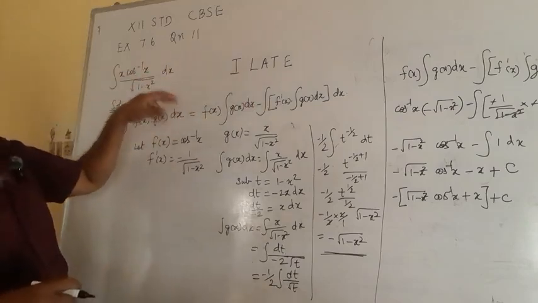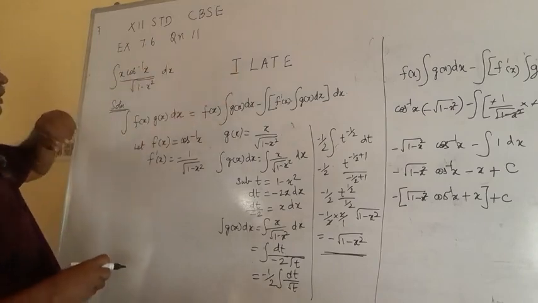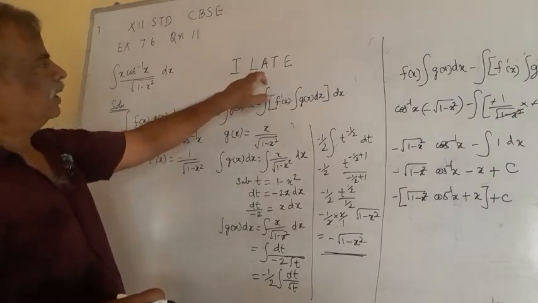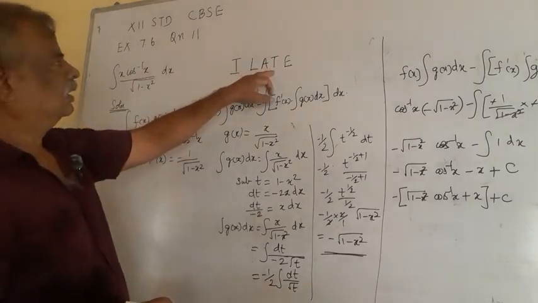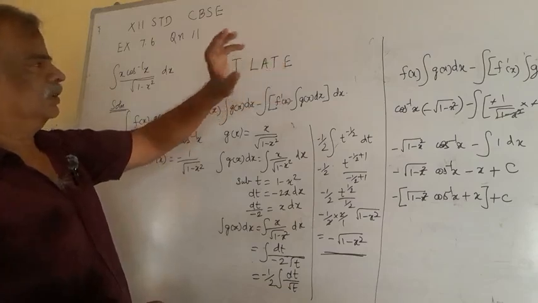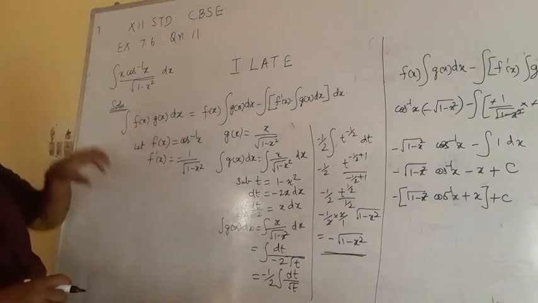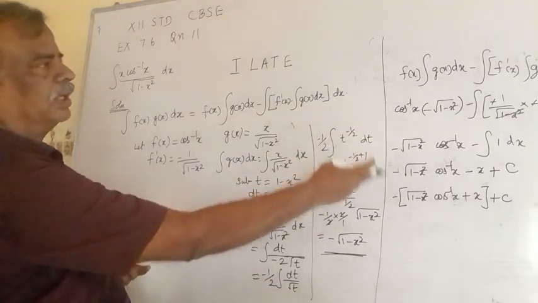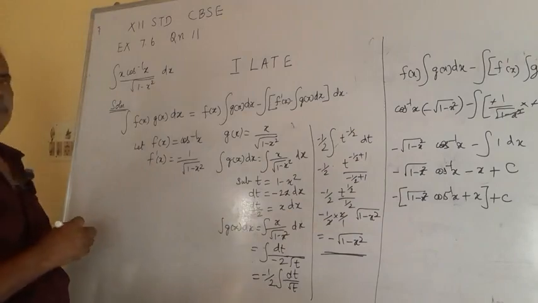If a logarithmic function comes, we take f of x as the logarithmic function. If both of them have not come, the next priority is the algebraic function, and after that the trigonometric function. Then the e function means the exponential function, e power function. In this manner we have to take them and then do the sum, as I have done here. So it is a very important sum. Thank you, students.